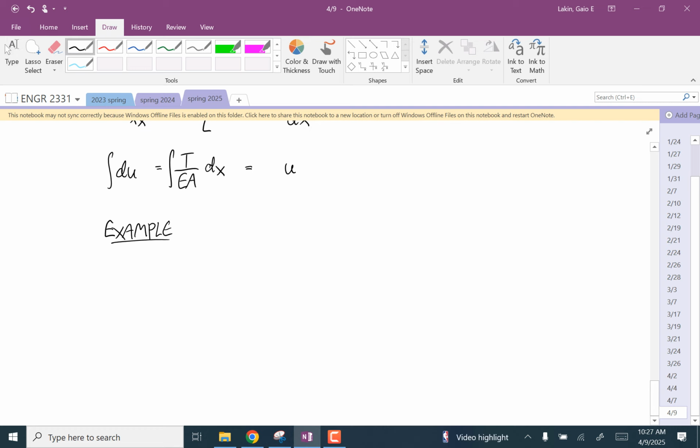So let's say we have a post connected to the ground, and let's say we have 3,000 newtons that way, and at the midpoint we have 5,000 newtons this way. And we want to know what's the displacement.